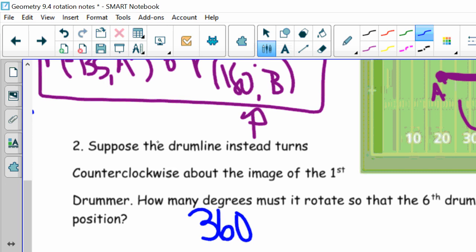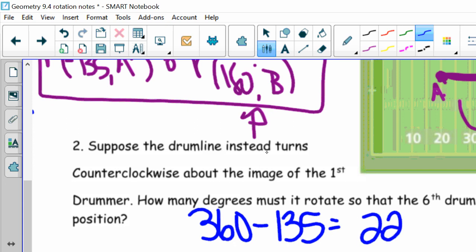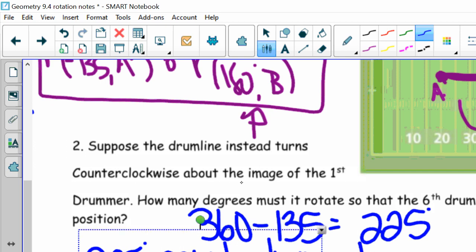I already went 135 degrees of it, so 360 minus 135 tells me what's left. So 225 degrees. A 225 degree counterclockwise rotation is the same thing as a 135 degree clockwise rotation.